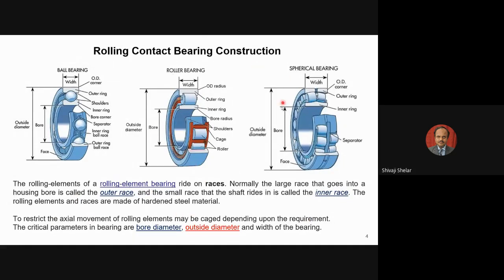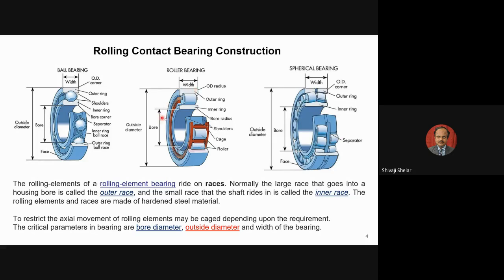Now when we design this rolling element bearing, what is the basic and critical parameter in the design? You have learned shaft design in Machine Design One, so your shaft size is fixed based on the standard dimension of the shaft. Similarly, there is a standardization for rolling element bearings.